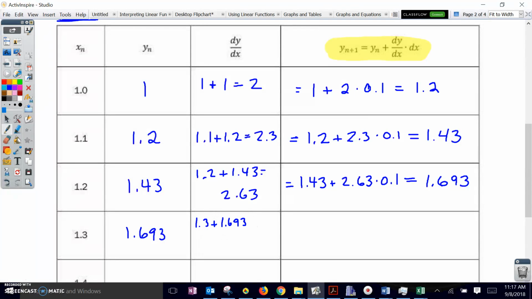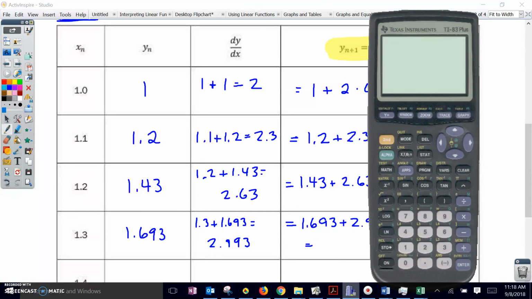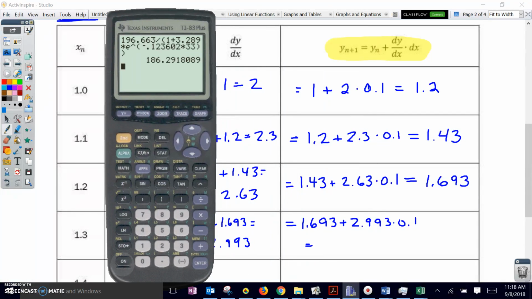Again, because we're dealing with the differential equation, dy dx equals x plus y here. It's 2.993. And so now I need my current y plus dy dx times 0.1. And that's going to give me my new y value.